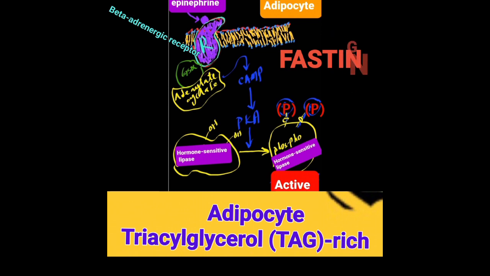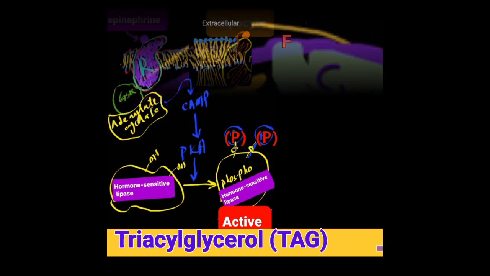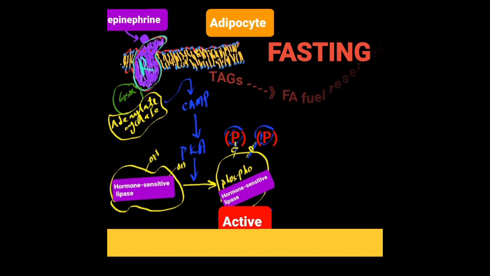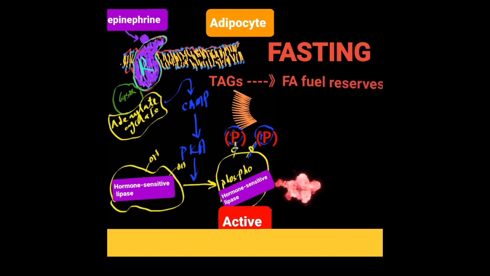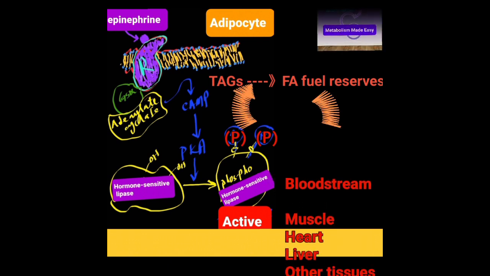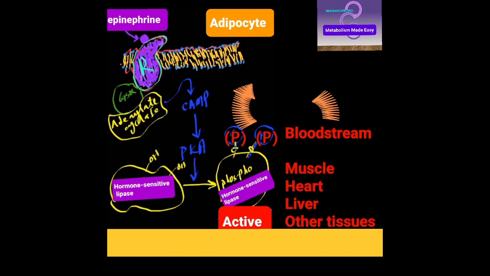It is also noteworthy that TAGs stored in adipose tissue represent a significant amount of fuel reserves for various tissues during fasting, and the lipolysis of these TAGs and availability of circulating fatty acids is essential for maintenance of the energy needs of several peripheral tissues during the fasting state.